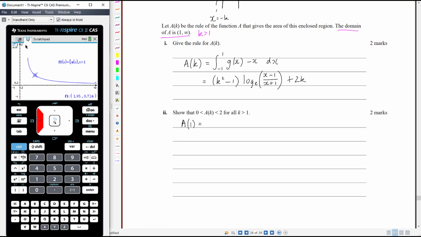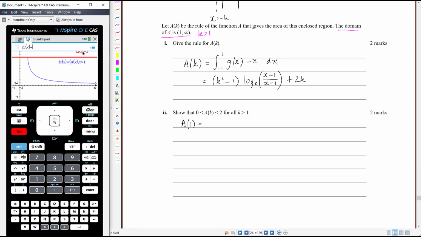As we get closer and closer to x equals 1, I suspect it's getting closer and closer to 2. Why don't we have a look at drawing in the line y equals 2. Okay, so that certainly seems to be where it is approaching, and it's clear anyway that A of x is less than 2 all the time, looking at those graphs.